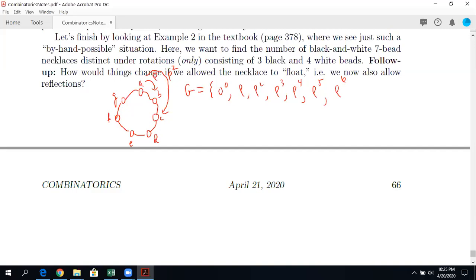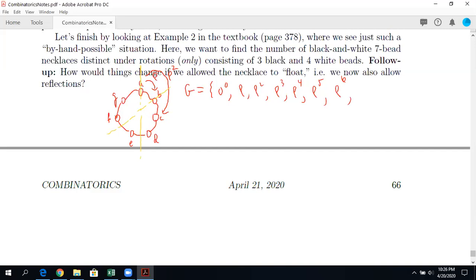All right, so what about reflections? Well, there are several reflections that we can have here. There's a reflection through A that goes to the opposite side. There's a reflection through B that goes to the opposite side. You can see that's a mirror image on either side, etc. So let's write those down.